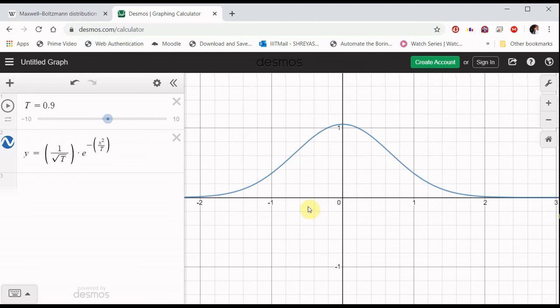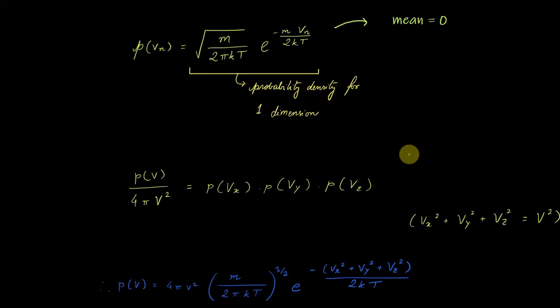This curve looks like a bell and it's symmetric about the y-axis, which makes sense because a particle would have equal probability of having -1 velocity in one direction as it would of having +1 velocity in one direction. And this would ensure that the gas as a whole doesn't have any velocity. Even though the particles keep moving, the gas itself as a whole stays in one place, which makes sense intuitively.